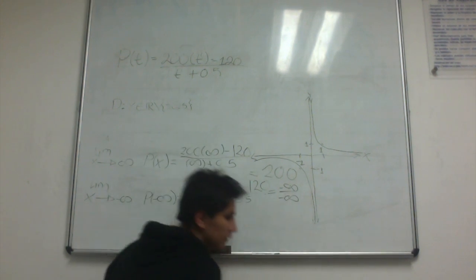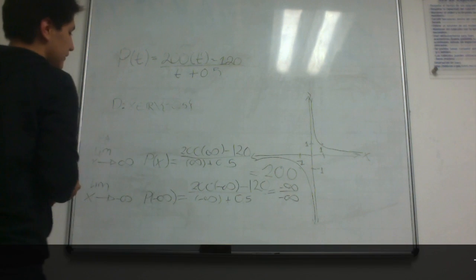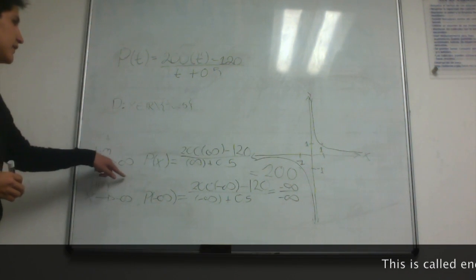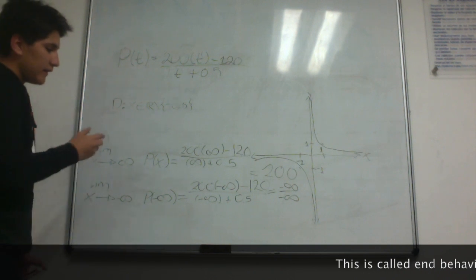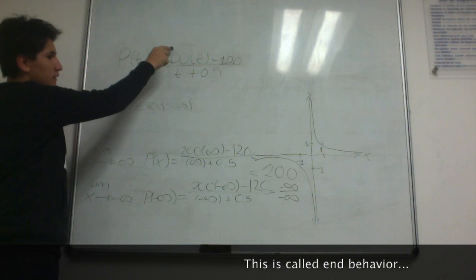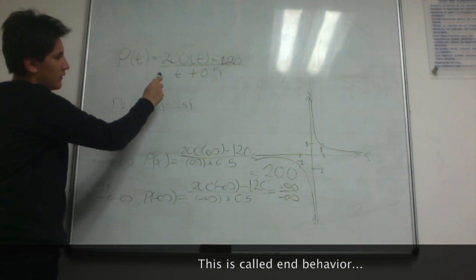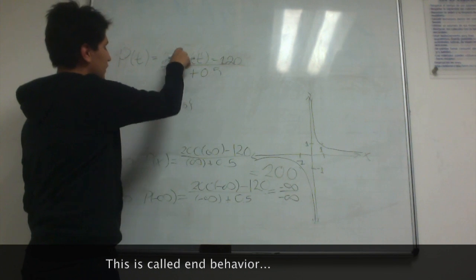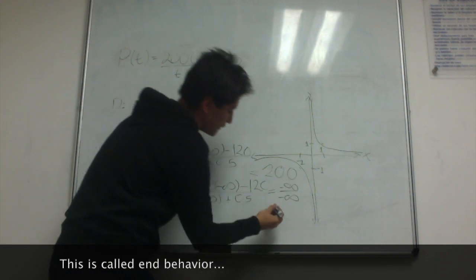So we're going to follow the same process as we did when x approaches infinity. It lies in a division of the coefficients in the numerator and the denominator. So 200 over 1 is 200.